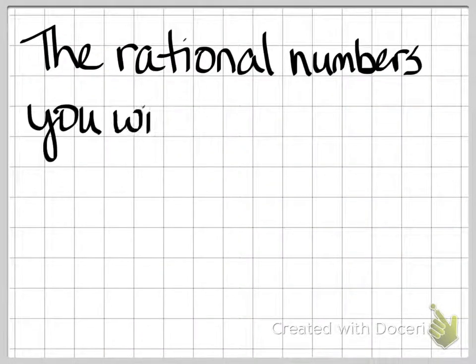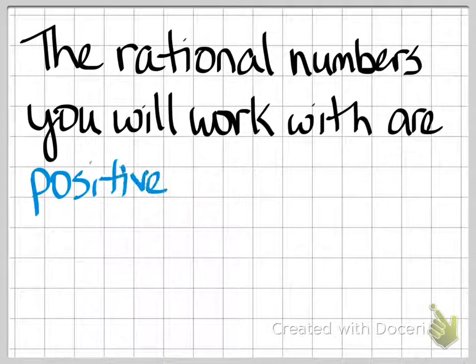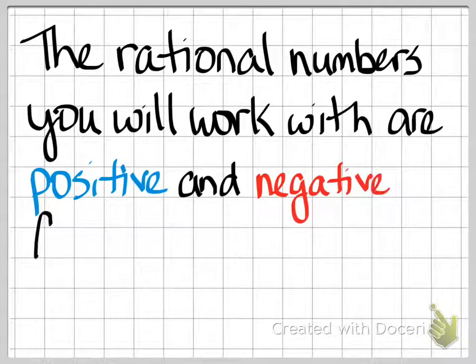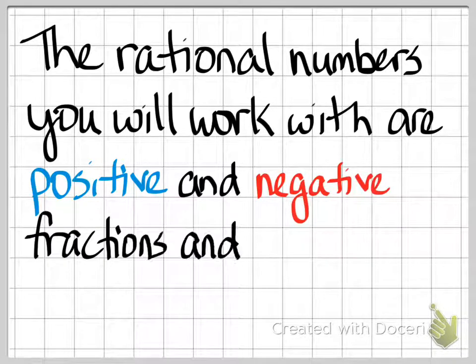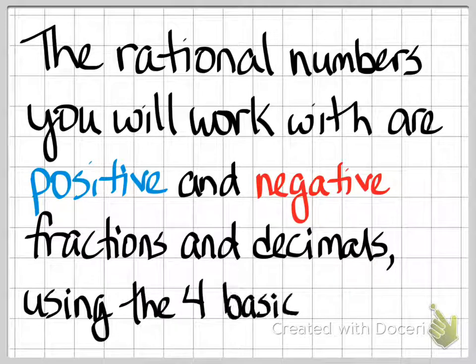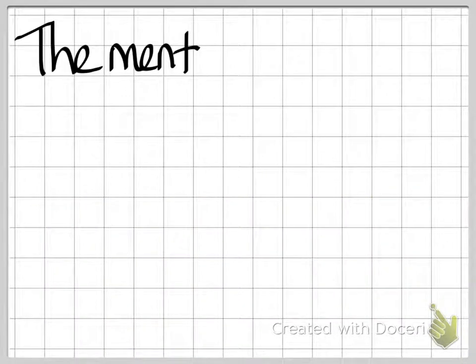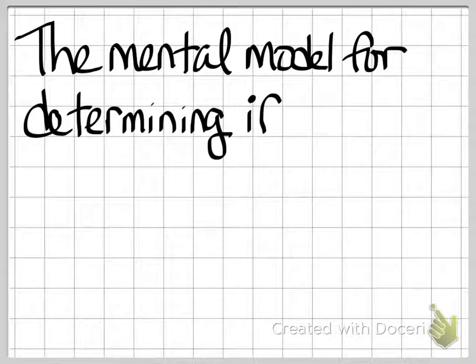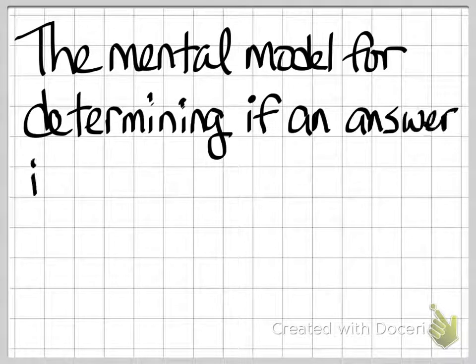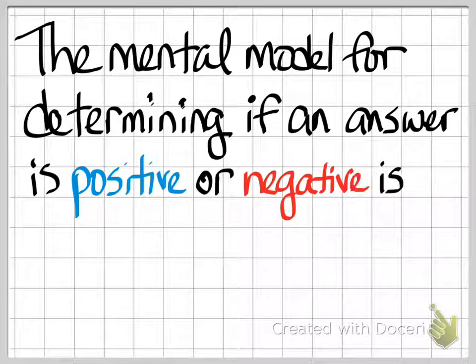Now let's look at rational numbers that you will work with in this unit, as they include positive and negative ones. But in this instance, we're going to increase our load from integers and go with fractions and decimals using the 4 basic operations. The mental model for determining if an answer is positive or negative is the same as it was for integers.